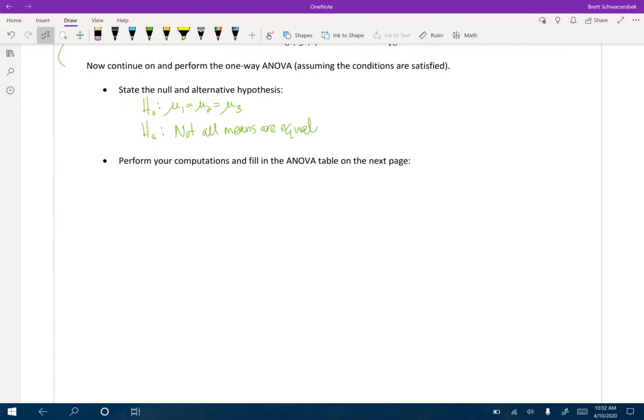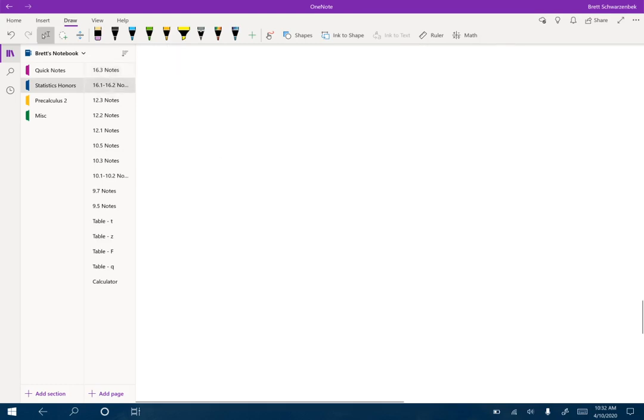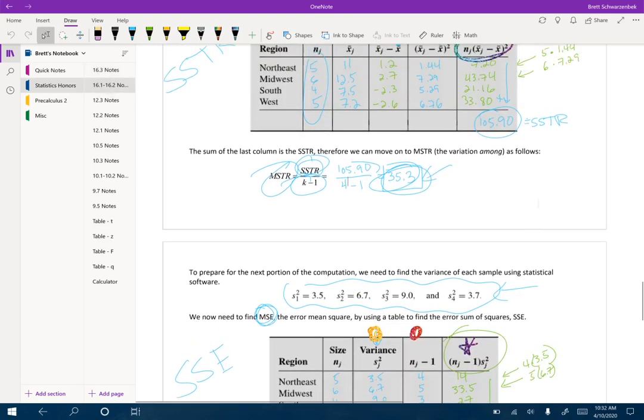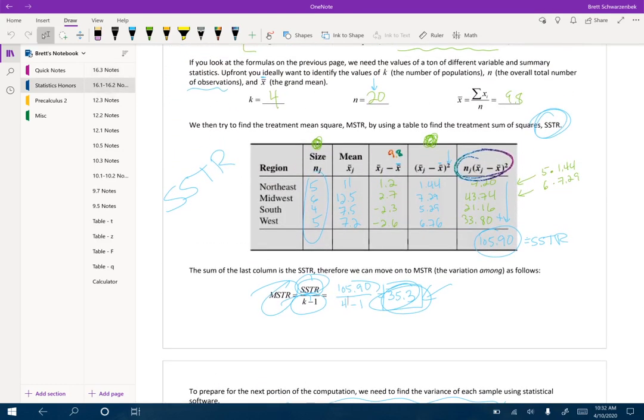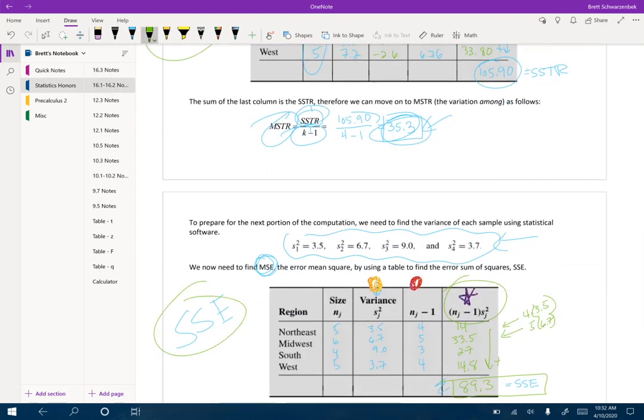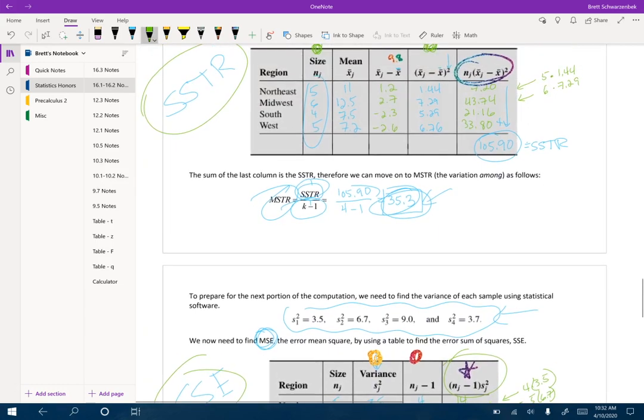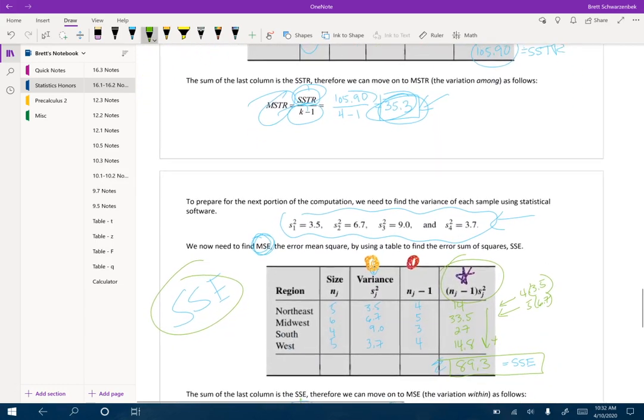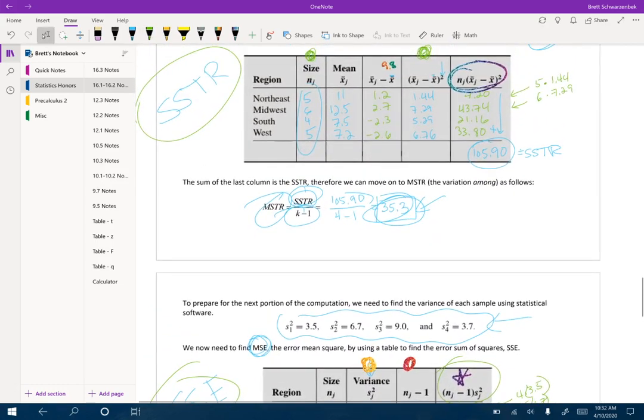So what are we doing essentially? Let me just remind everybody. If we go back to our previous lesson, if you recall, we had to create an SSTR and an SSE calculation table in order to figure out what those values were. That is what we have to do now.